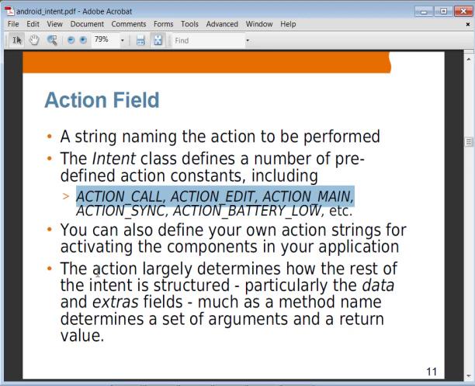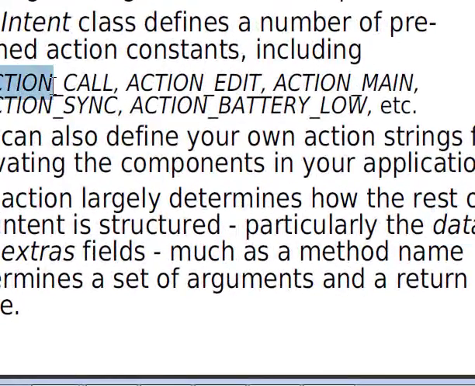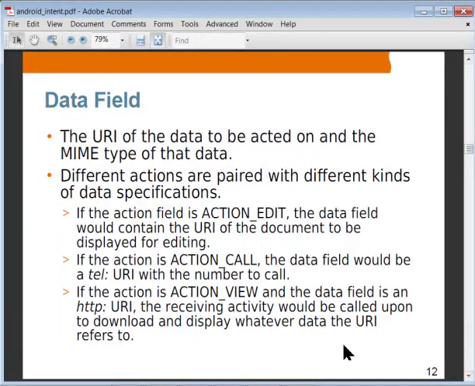Now, this action field largely determines how the rest of the intent fields are structured. For example, the data field and extras field will be determined based on what action was actually set, just like the method name determines a set of arguments and the return value in Java. Okay, so the data field is a URI of the data to be acted on and the MIME type of that data.